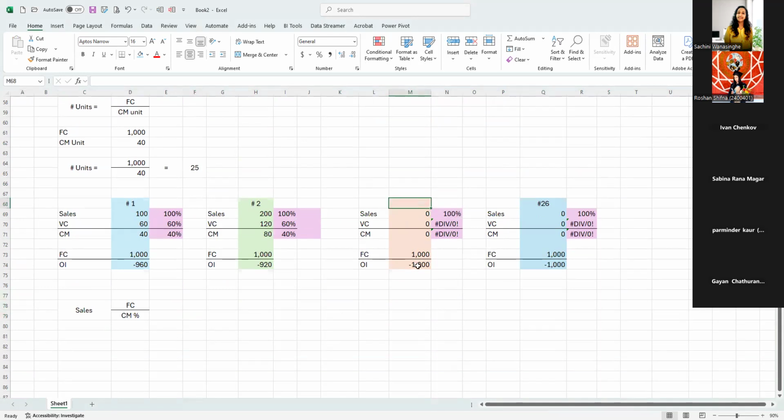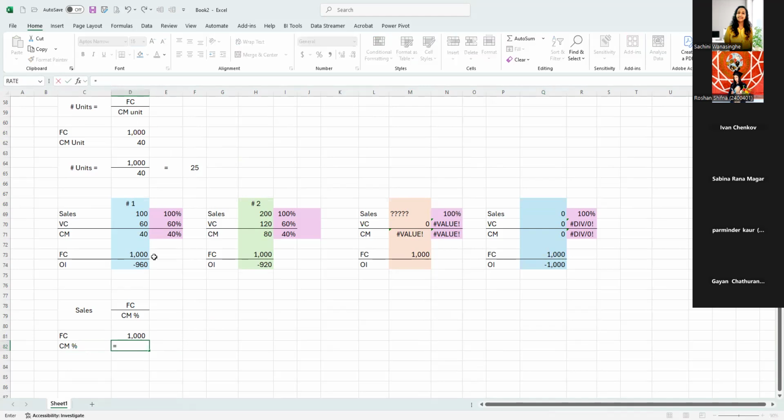Now the question is, how much should be my sales? That's what we're chasing. Do I know my fixed cost? Yes, $1,000. Do I know my contribution margin ratio? Yes, 40%.